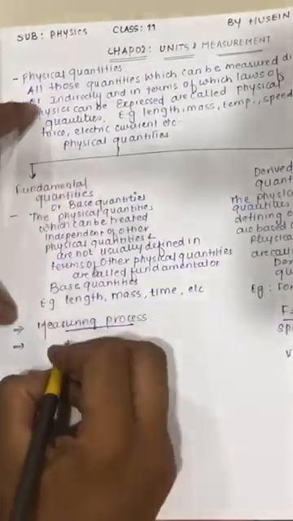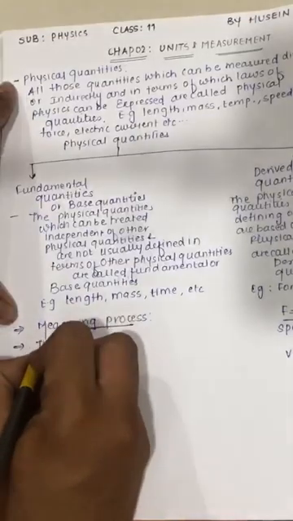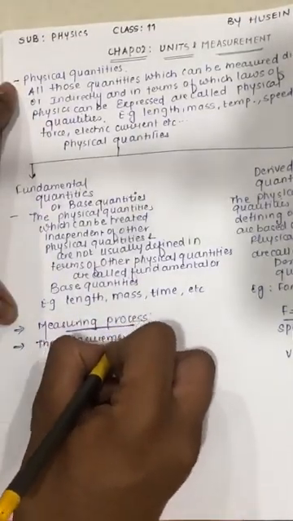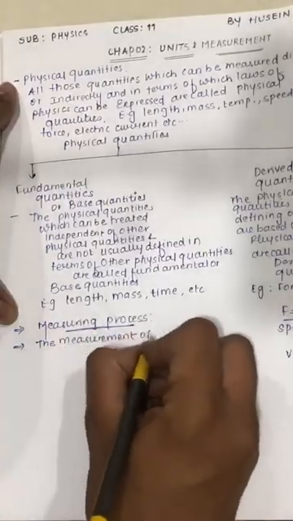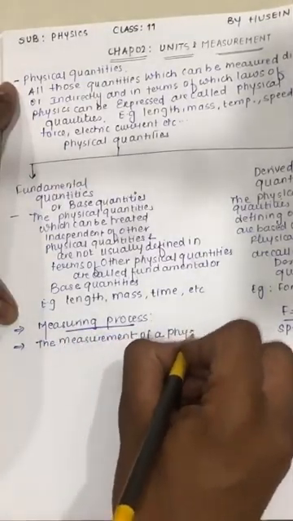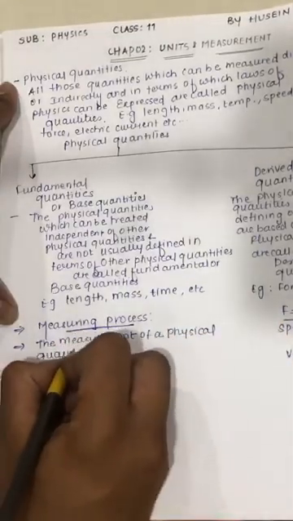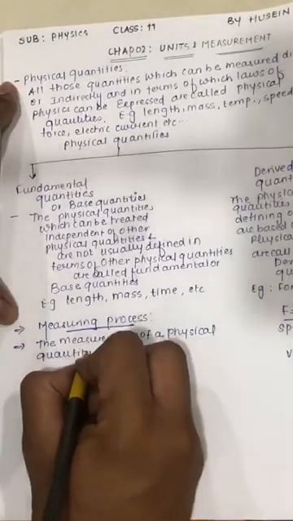Therefore, measuring is nothing but the measurement of a physical quantity. You can say measurement of a physical quantity is nothing but a comparison process.